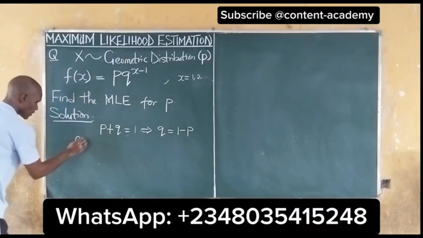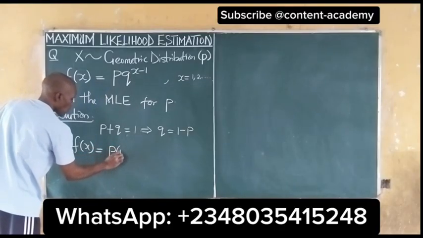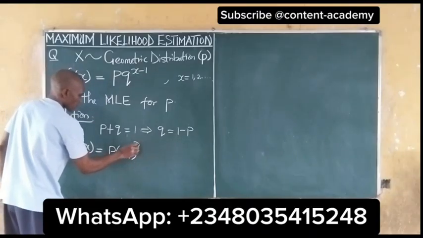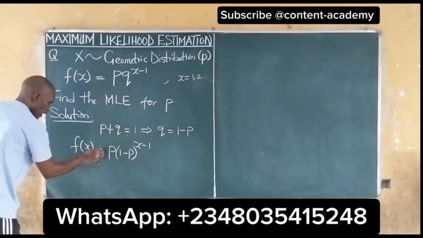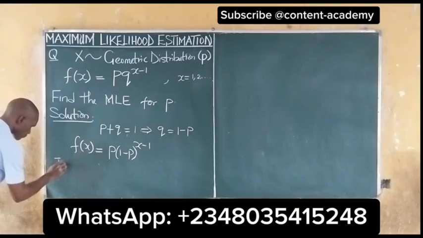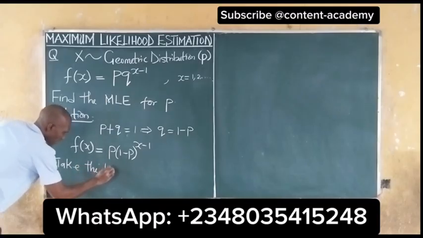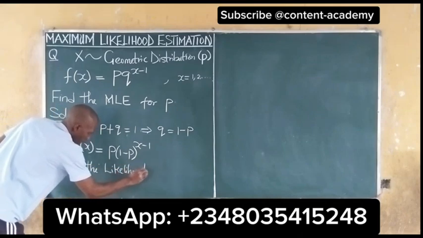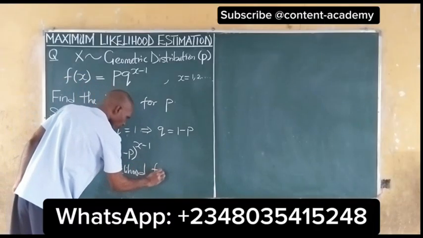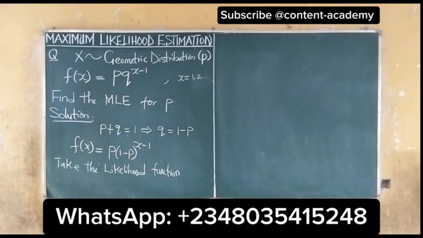It then means that the PDF can be written as p into (1 minus p) to the power x minus 1. So the first thing to do is to take the likelihood function. Taking the likelihood function is quite simple.